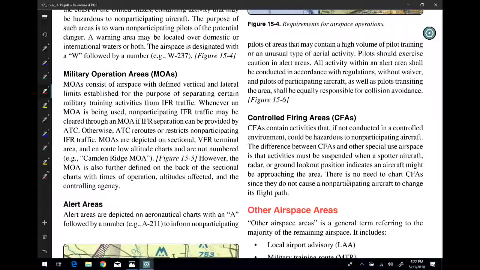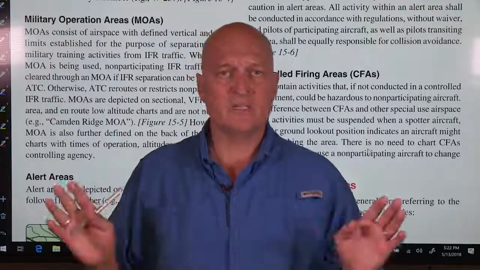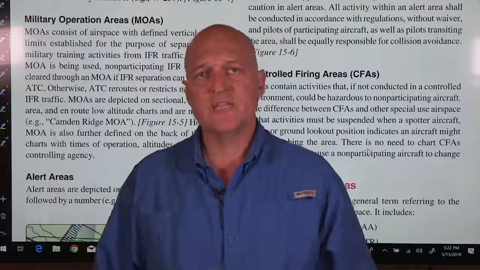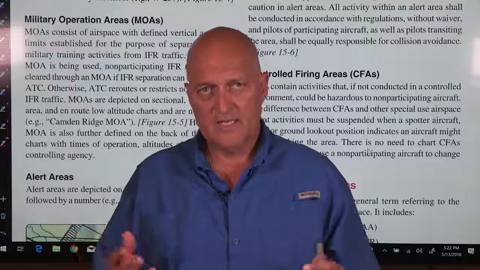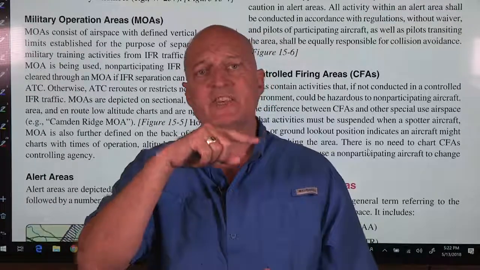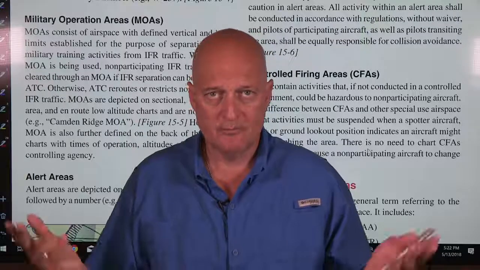Typically, if they do see another aircraft, they'll have spotters out there, and if they see somebody approaching the airspace, they'll stop their operations. But again, if it's easy for you to avoid that area, that's probably what you want to do. Okay.